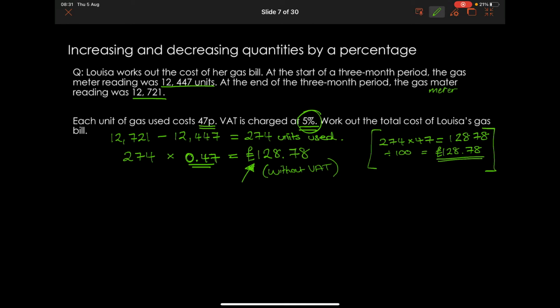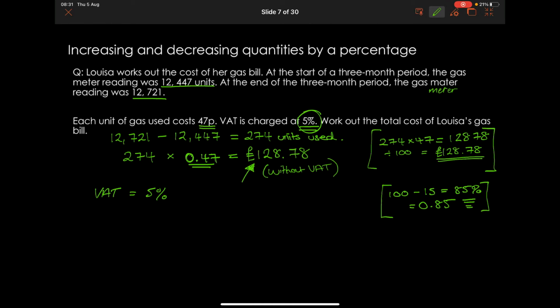Now, when we did decrease, we found that we needed to take our 100% and subtract the 15 from it to give us a multiplier of 85%, which as a decimal was 0.85. Okay, that's because we were decreasing. We needed less. It was less than 100%. Now we are increasing. So our VAT is 5%.